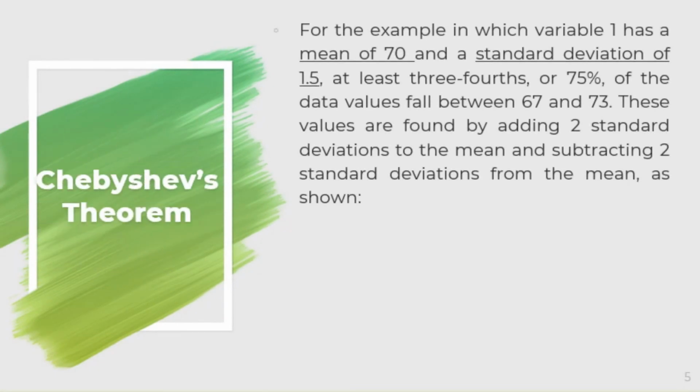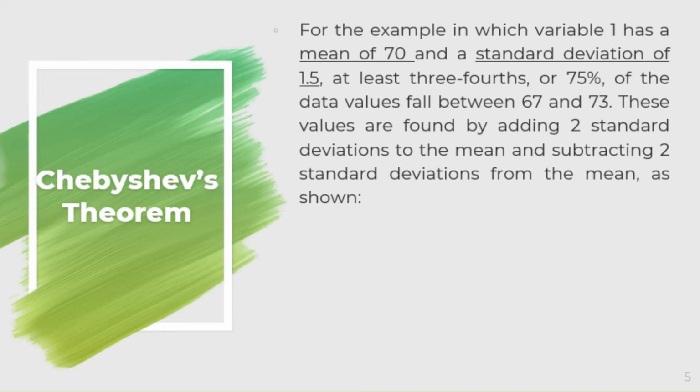For the example in which variable 1 has a mean of 70 and a standard deviation of 1.5, at least 3/4 or 75% of the data values fall between 67 and 73.